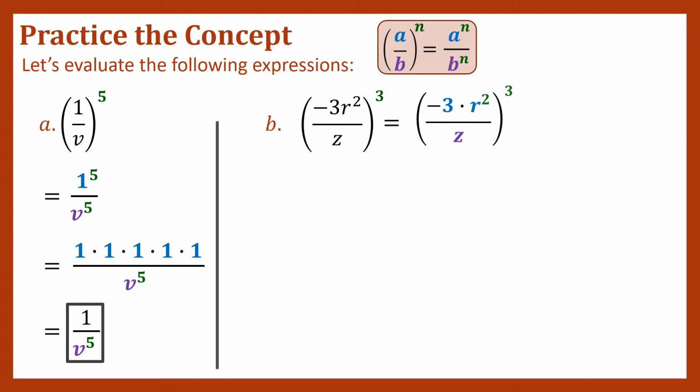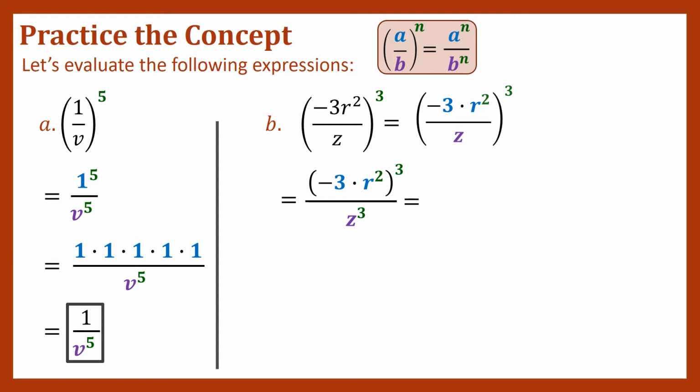Now, using the quotient raised to a power rule, this is then equal to the product -3 multiplied by r squared raised to the power of 3 divided by z raised to the power of 3, also known as z cubed.